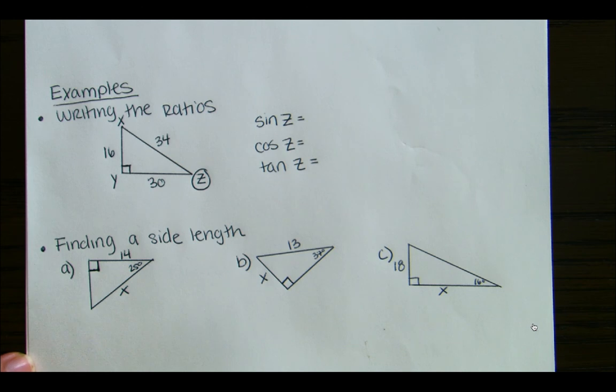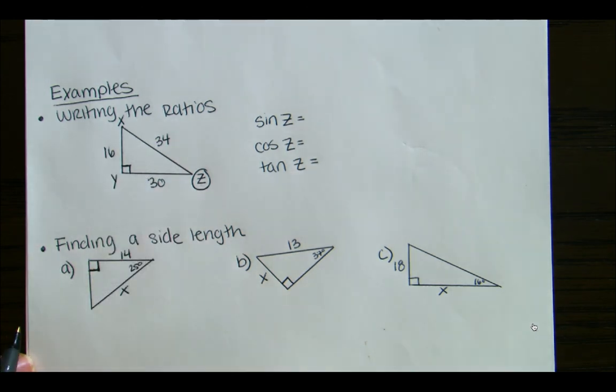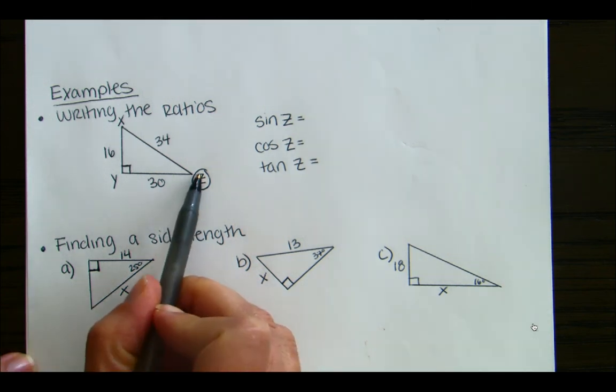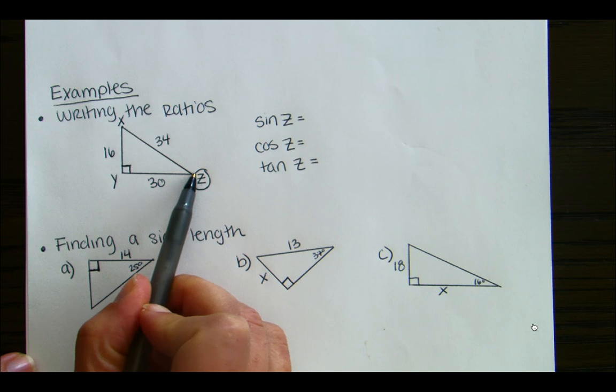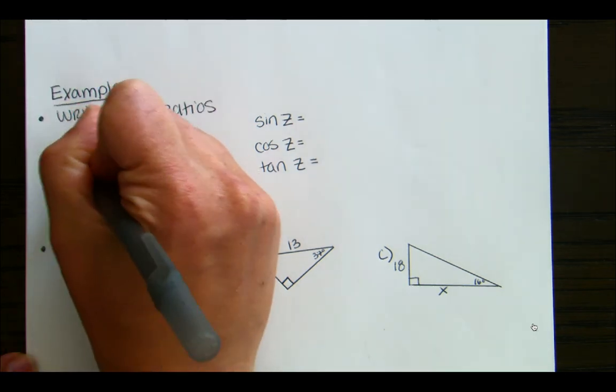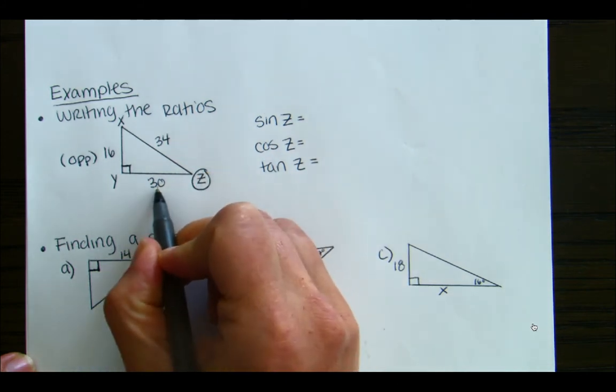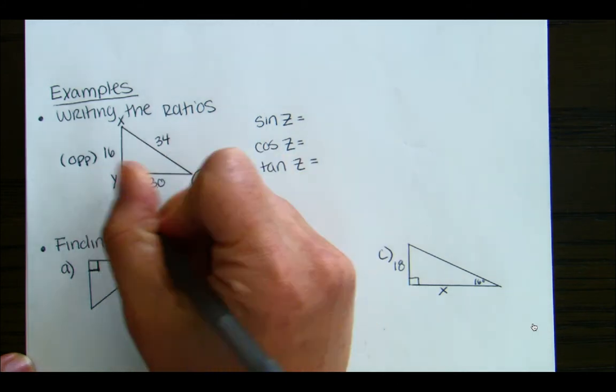Since I know I'm coming from angle Z for all of these, I'm going to label these as opposite, adjacent, and hypotenuse, so that I can keep track of everything. So my opposite of Z, if I were to draw a line through it, means that 16 is my opposite. This right here, 30, is my adjacent. It's right next to it.